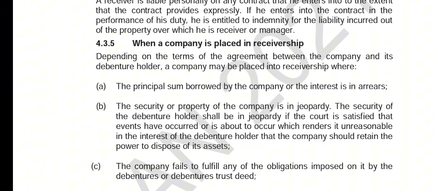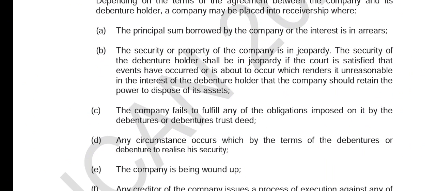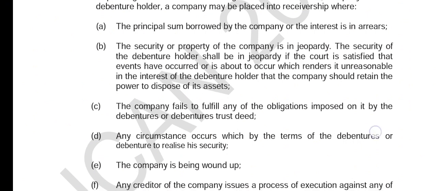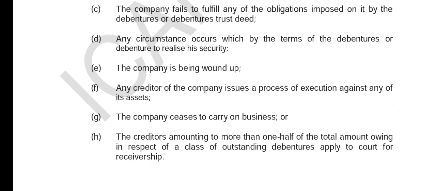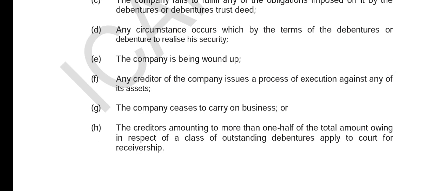Or the security of the property of the company is in jeopardy. Also, the company fails to fulfill its obligation imposed on it by the debentures or debenture trust deed. I think this particular one is self-explanatory. If you read down through, you would also grasp the reasons a company is placed under receivership.